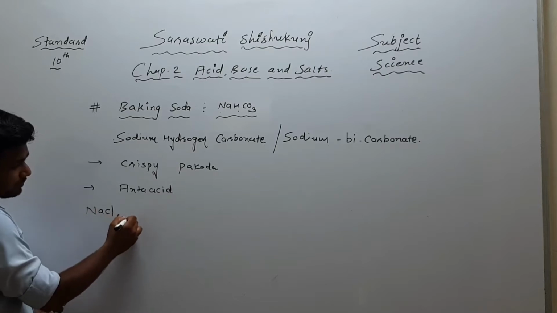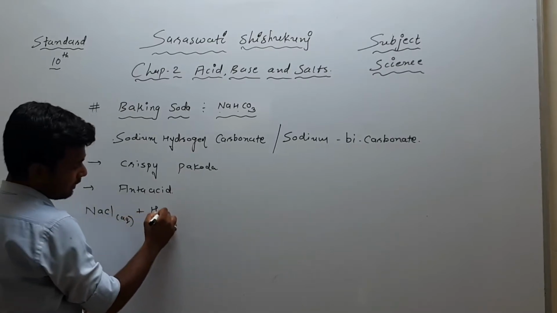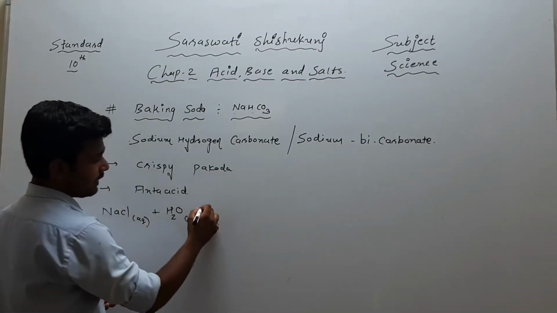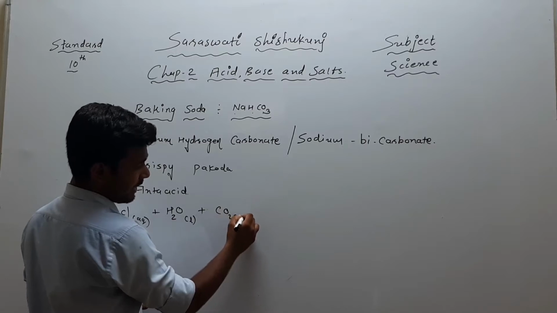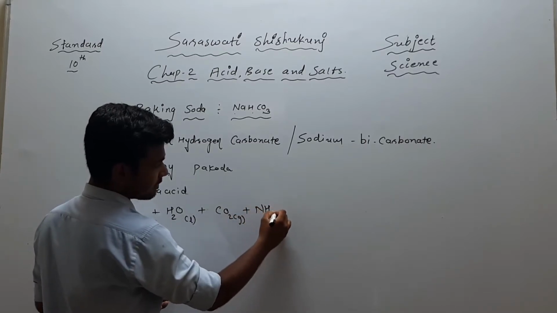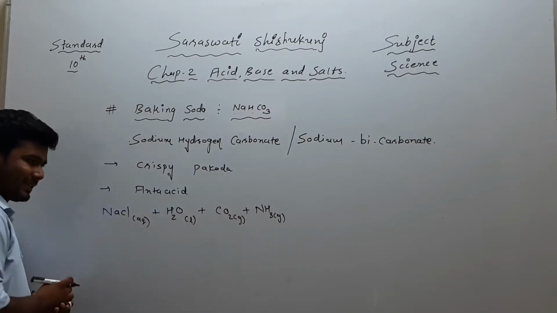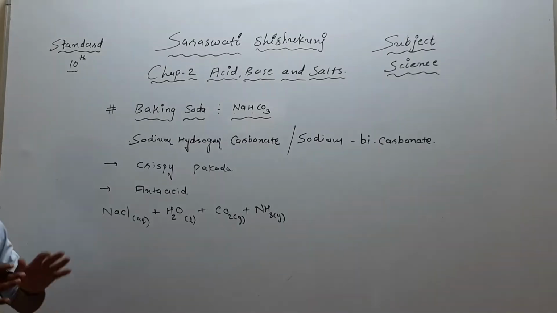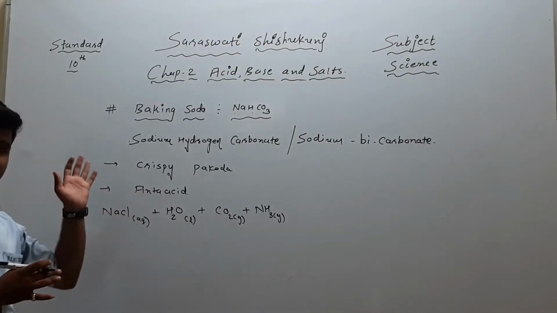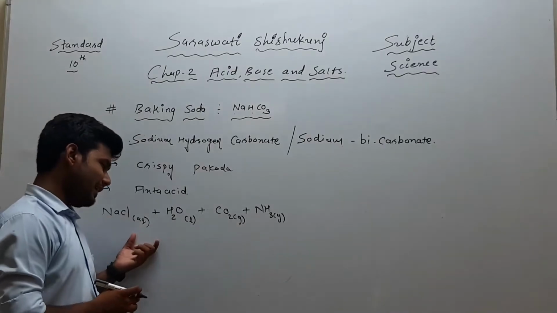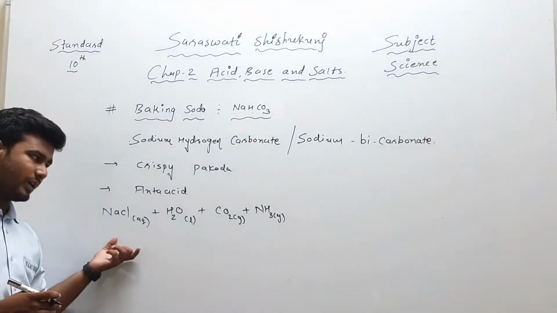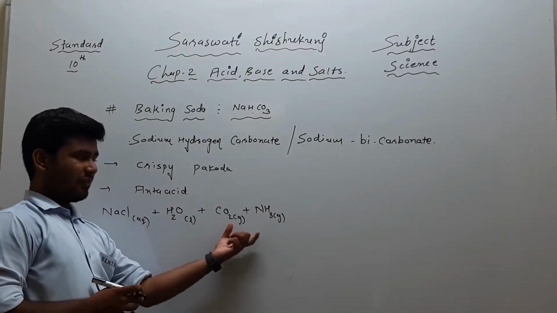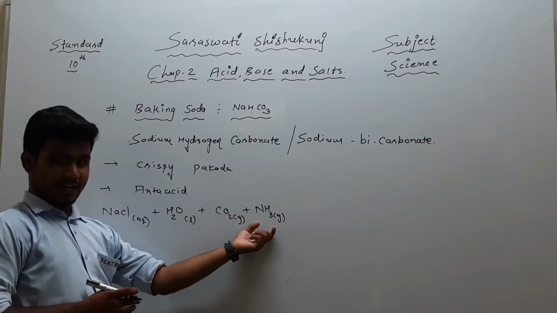Common salt, NaCl in aqueous medium, reacts with water, and if carbon dioxide gas and NH3, that is ammonia, are passed through it, we will study this type of process in higher standard, but right now we are taking the approach only from class 10.